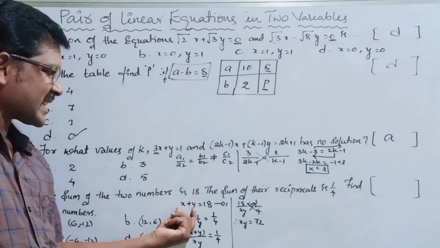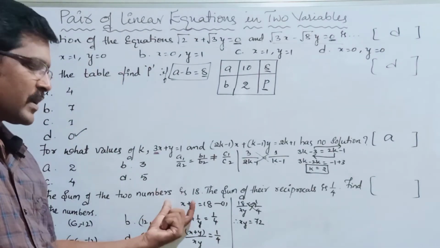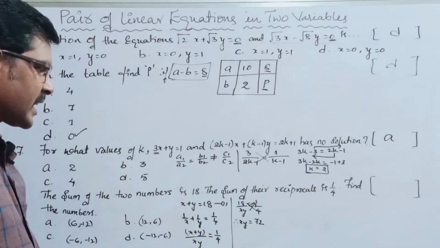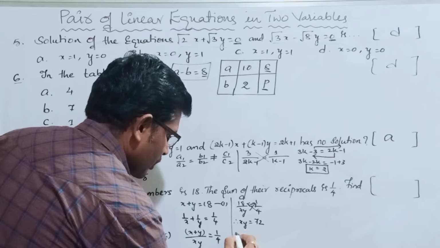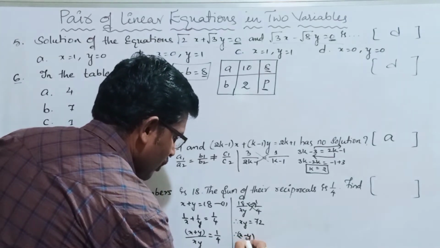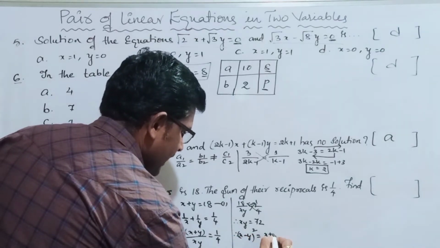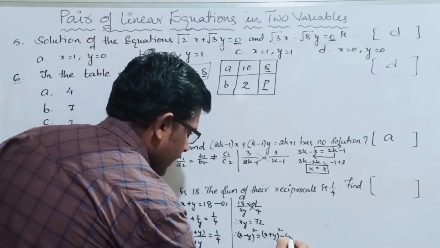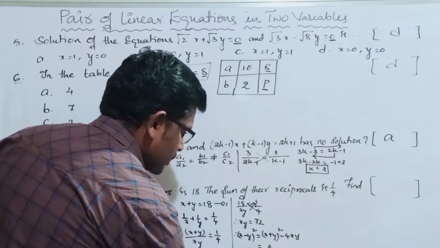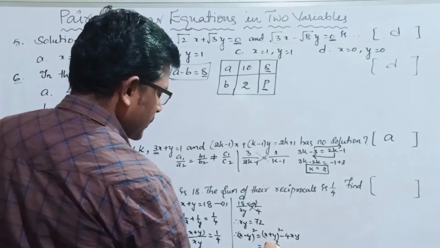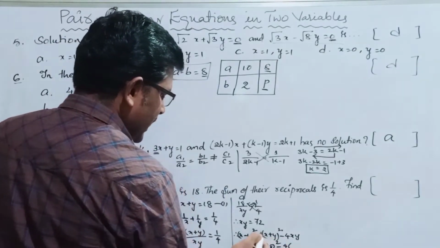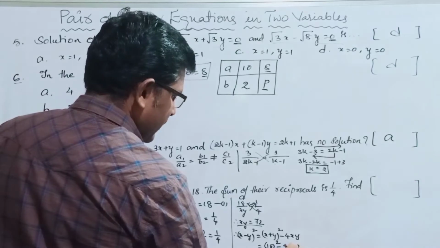So ఇక్కడ మనకు x plus y వాల్యూ ఉంది, x minus y కావాలి. So x minus y కావాలి అని అంటే we go through the algebraic identities. We know that x minus y whole square is equals to x plus y whole square minus 4xy. So x plus y whole square is equals to 18 square minus 4 into xy, which is 72.